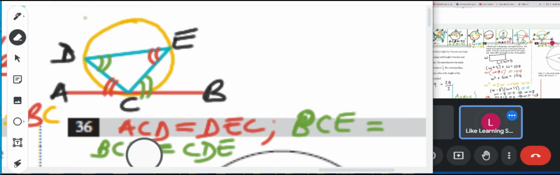So we call that angles in opposite segments are equal.